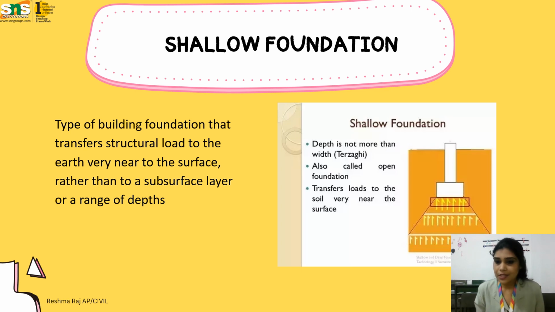It's vice versa: if the depth is less, then the width or the diameter is large. The depth is determined based on factors such as soil strength, frost depth, and structural requirements of the building. So in shallow foundation the depth is very low compared to deep foundation.